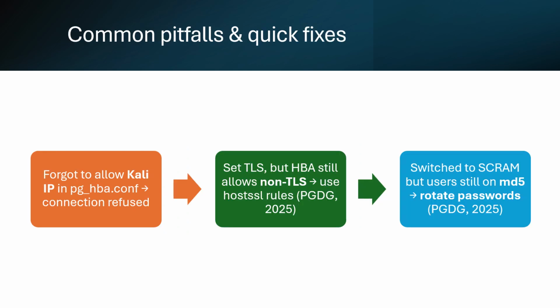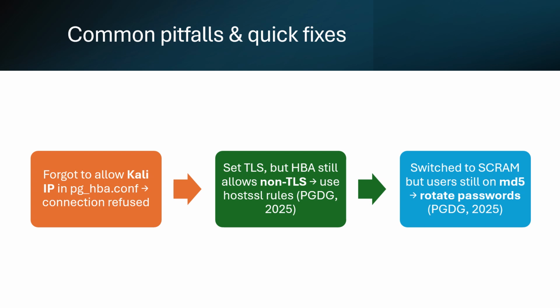Some common stumbling blocks are forgetting to allow your testing IP in pg_hba.conf, which results in connection refused, even if the port is open. Enabling SSL but not marking the entry as hostssl can allow fallback to an unencrypted connection.